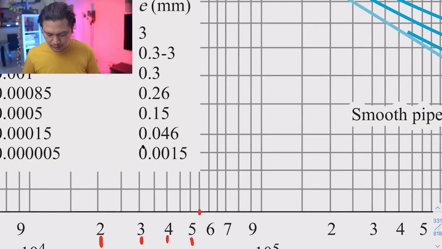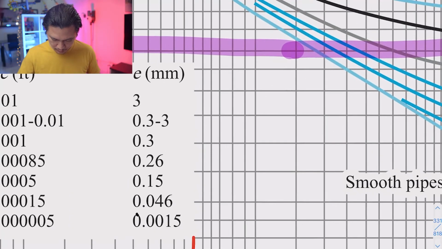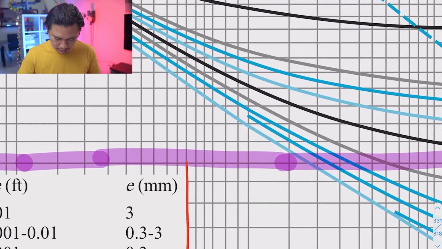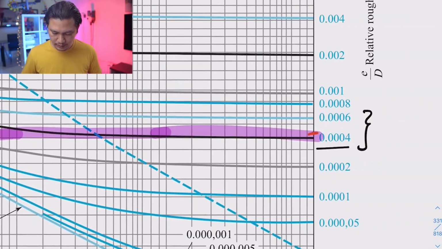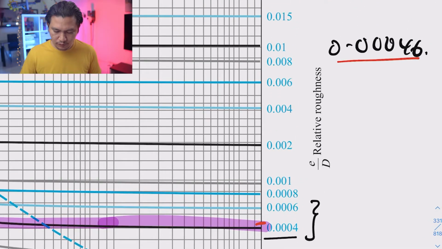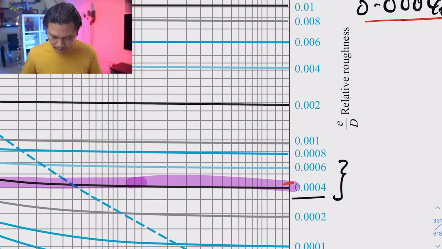And remember, our Reynolds number is 56,100, so that's close enough to 55,000. So I'm just going to follow this line, and let's just go upward a little bit more. And our relative roughness is 0.00046. So that is here.